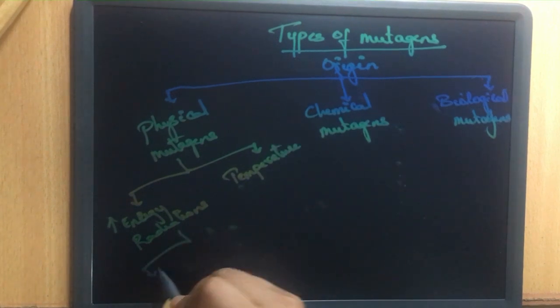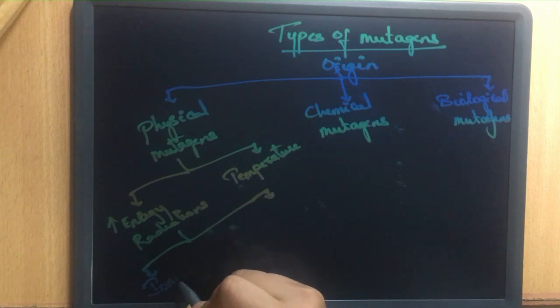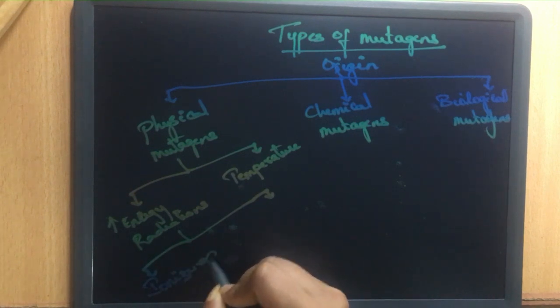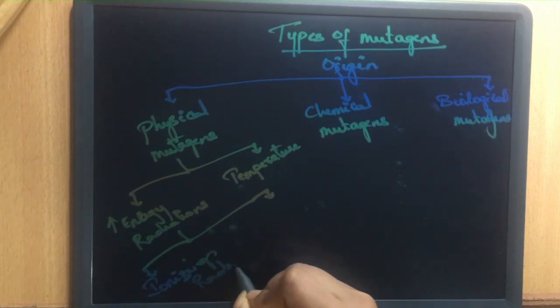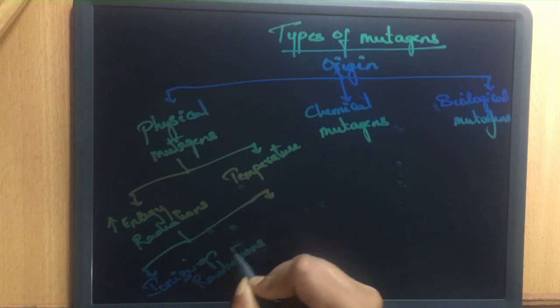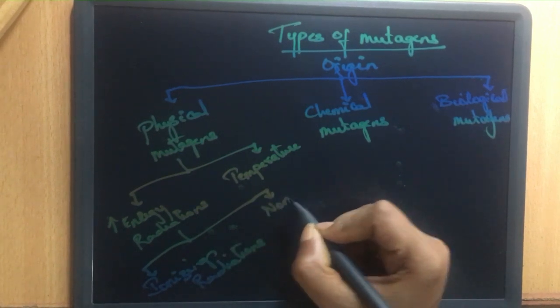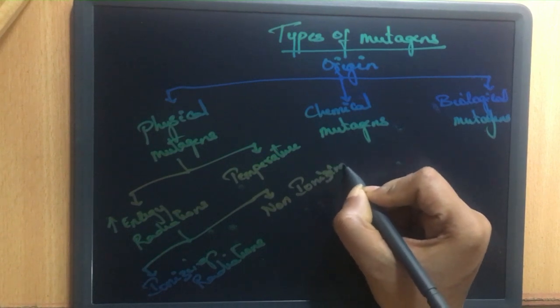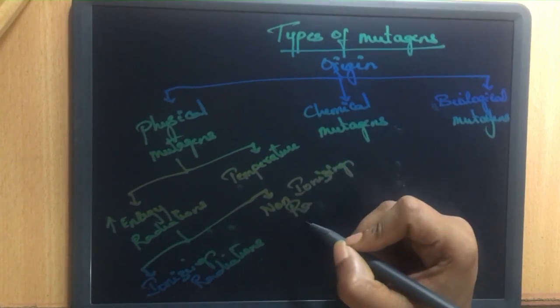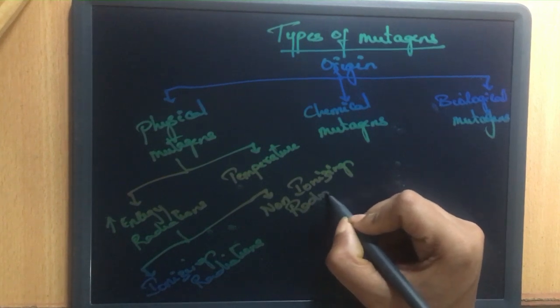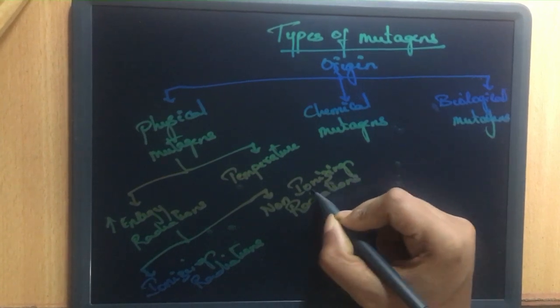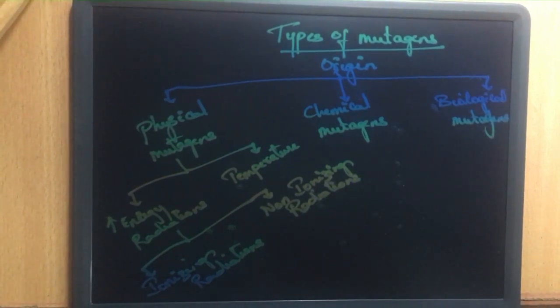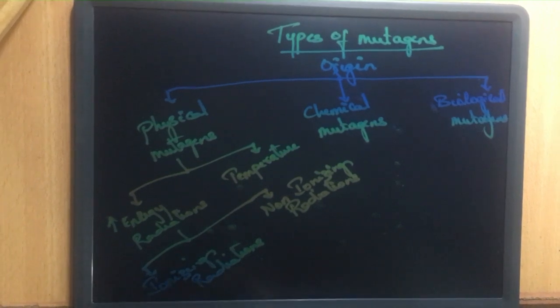High energy radiations can be further classified into ionizing radiations and non-ionizing radiations. We will look into each one of these in detail right now.